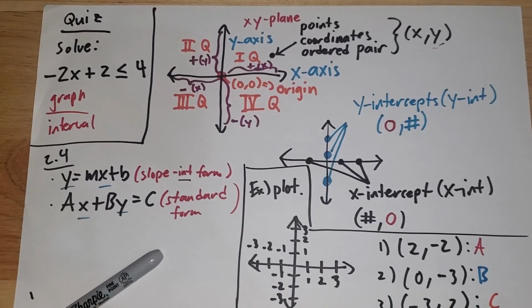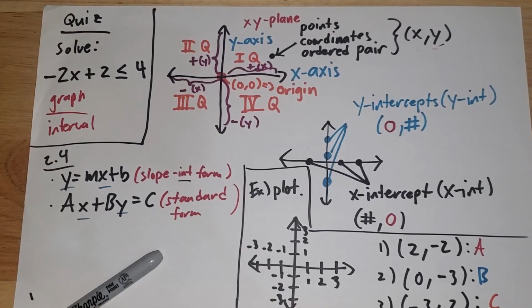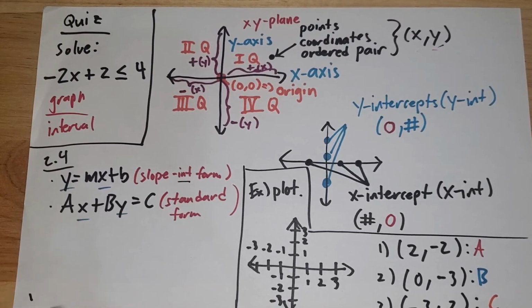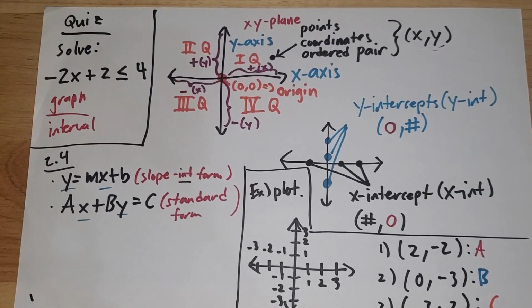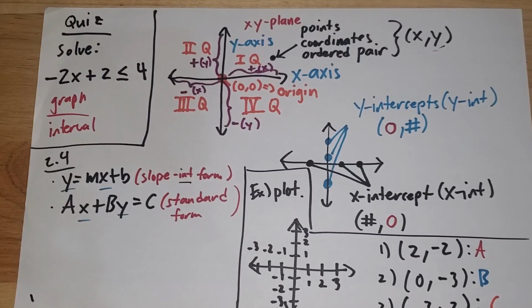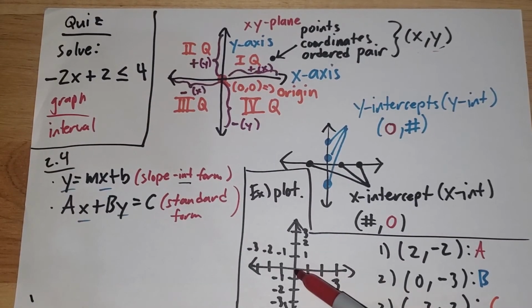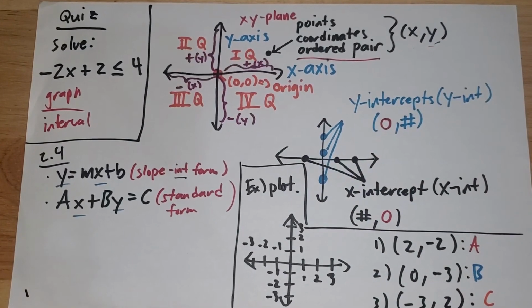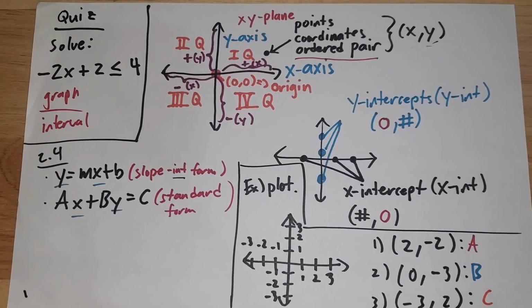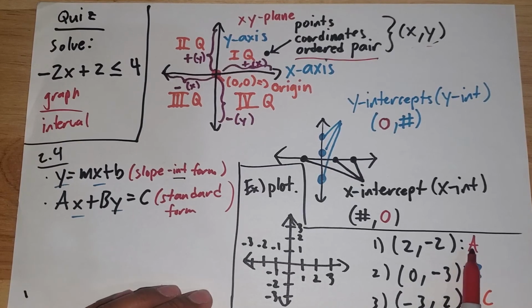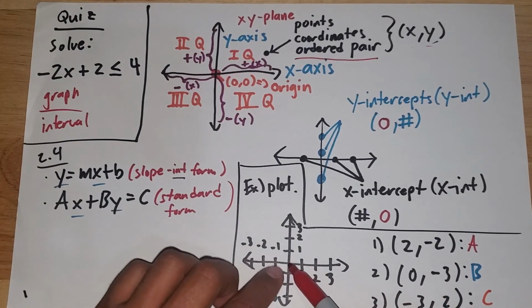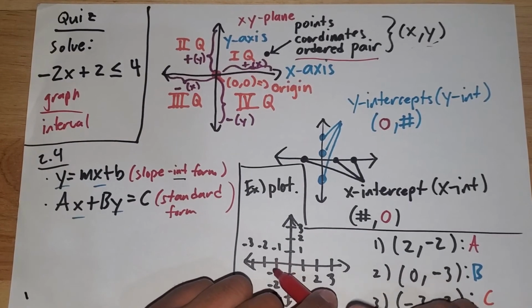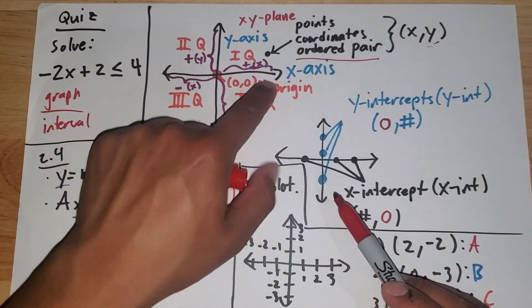All right, so the way I like to graph them, again, hopefully you guys remember this. This is just a quick reminder of the XY plane. And then I always like starting at the origin. And since this is considered an ordered pair, I like to go in order. I start with my X and then I proceed with my Y. So for A, if I start at the origin, I have a positive 2 for my X. And remember, the positive X's are on the right hand side.